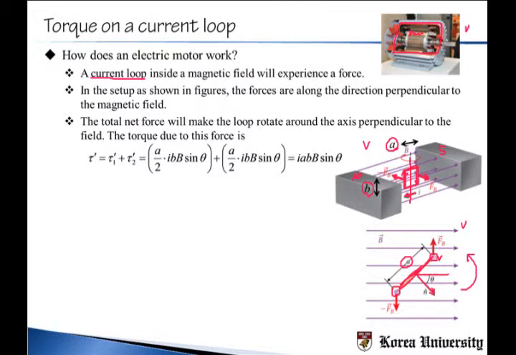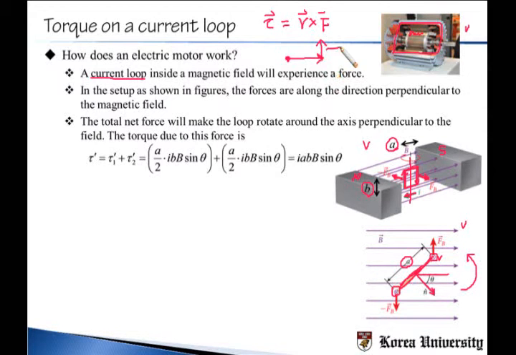And what is torque? If you remember, torque was defined as the R vector cross the F vector. And what is the R vector here? The R vector is the vector representing the distance between the rotational axis and the location where this force is acting, right?